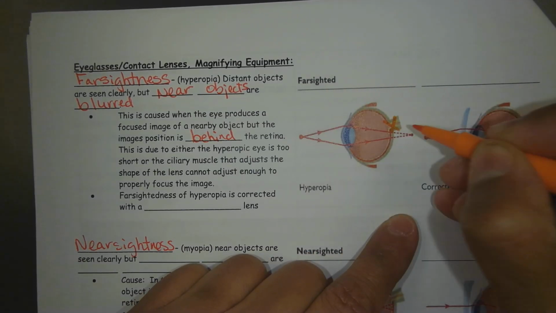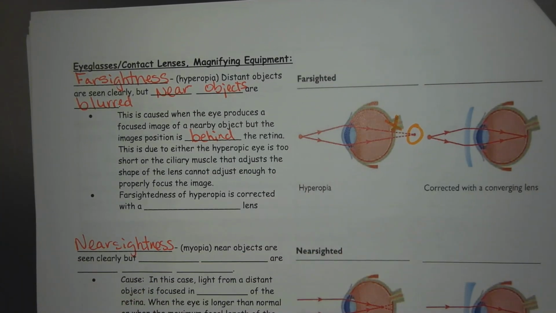This is the retina right here, but look, that's where it's being produced, behind the retina. And so they're not seeing a clear image. They can't produce a clear image to go to their brain. It's blurry.